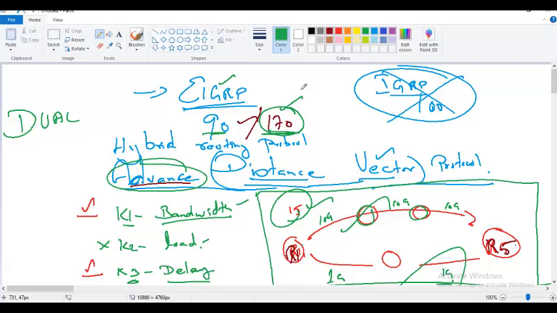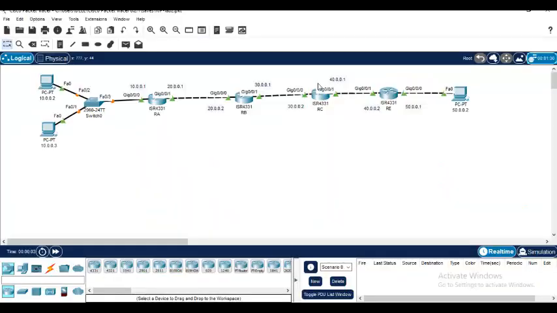You see the K values? EIGRP metric weights are K1, K2, K3, K4, K5. Can anyone recall what is K3? Delay. K1 is bandwidth, K3 is delay. Meaning, you see, for other, it is 0. Only for this, it is 1.